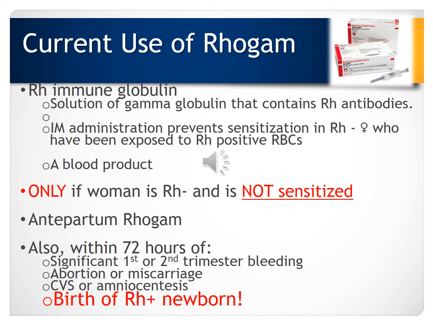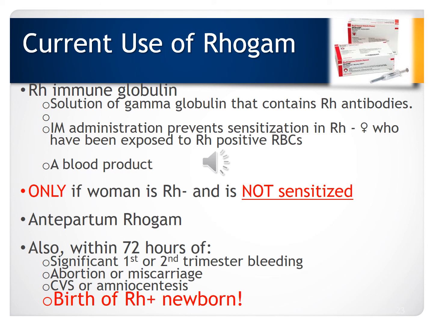It is a blood product, and so when we do any administration of medications, we need to do the rights: the right patient, the right dose, the right route, the right medication. All those things need to be checked when giving Rhogam, and usually there's a two-person check with this because it is a blood product.